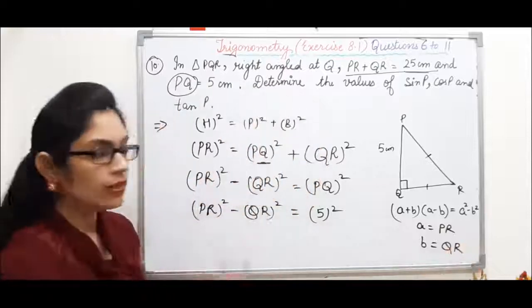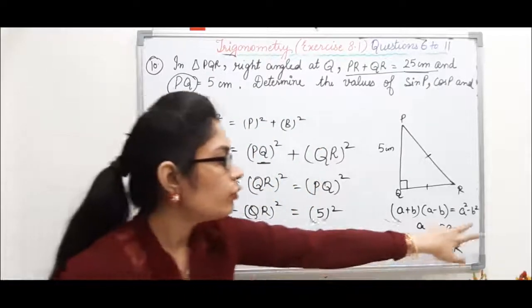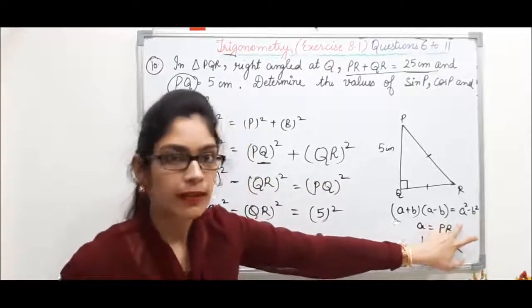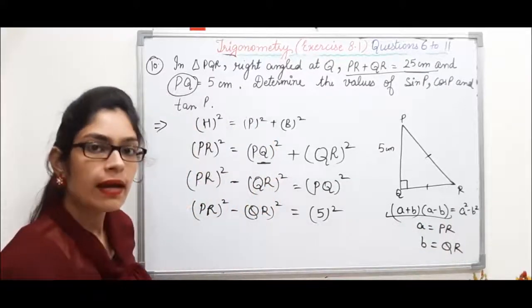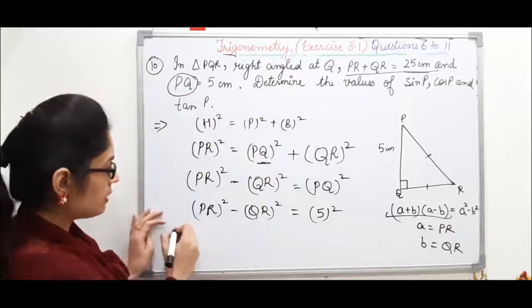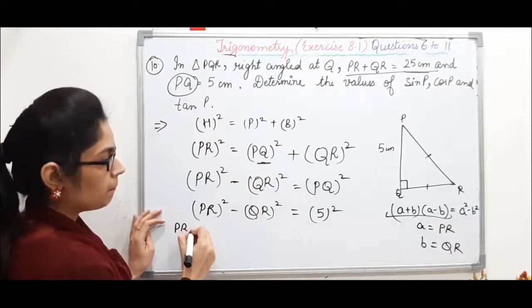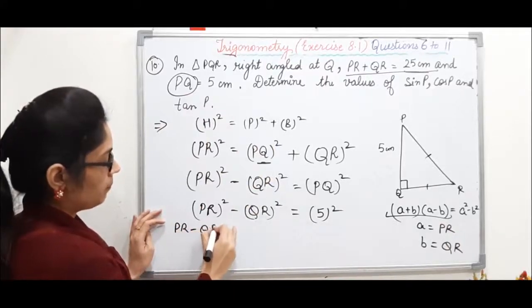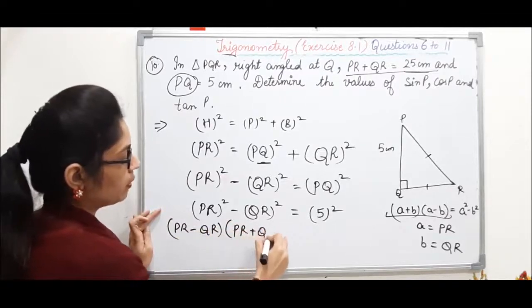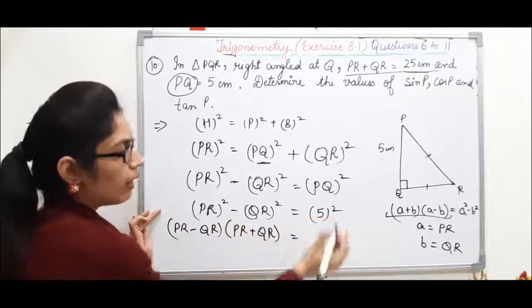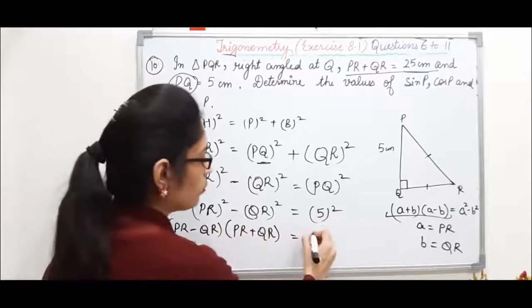So we'll write it as PR minus QR into PR plus QR equals 5 whole square. 5 into 5 is 25.